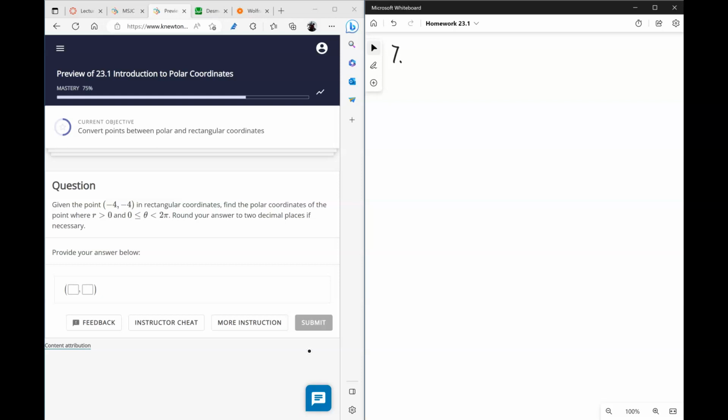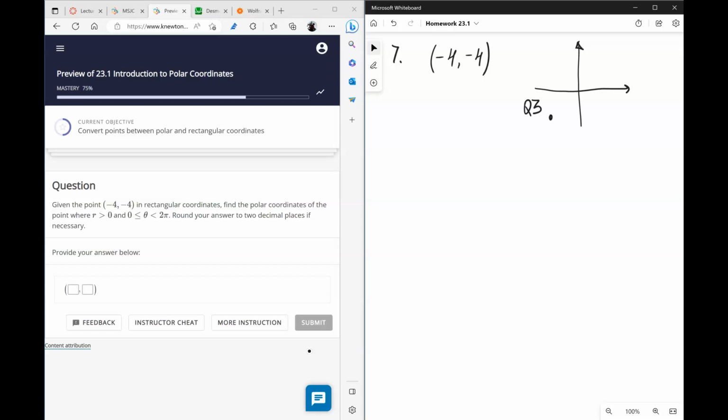So we have rectangular coordinates, and we need to convert to polar. And here's where the point is, and we are in the third quadrant.